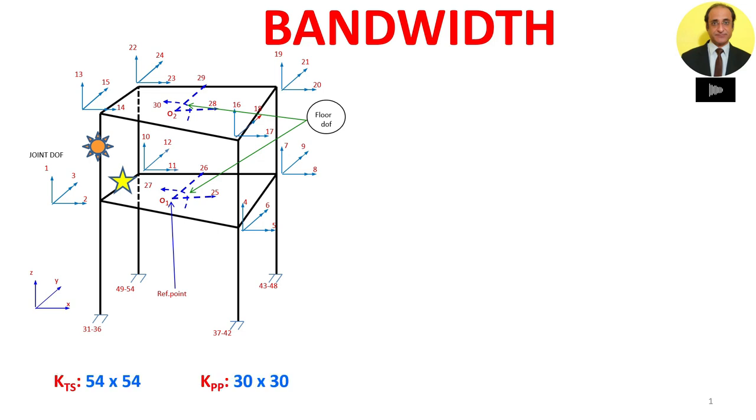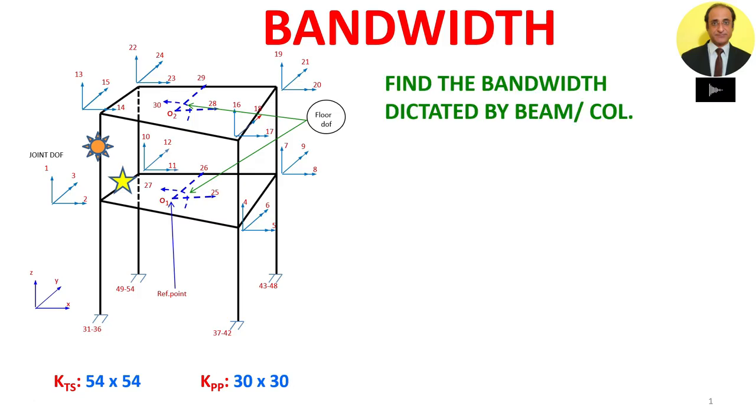So we begin with the bandwidth. For this particular example structure, the size of the KTS is 54 by 54 and that of KPP is 30 by 30. Let's try to find out the bandwidth. Let's say we have two typical members, one beam and one column.